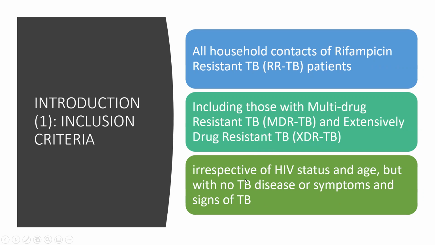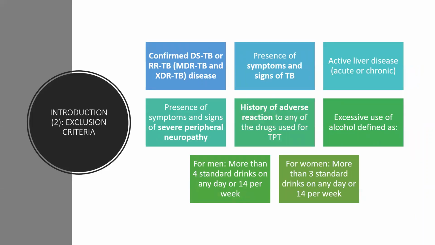And the third category, irrespective of HIV status and age, but with no TB disease or symptoms and signs of TB. So those who have been excluded of TB through the symptoms or not having TB disease. So these are the inclusion criteria.